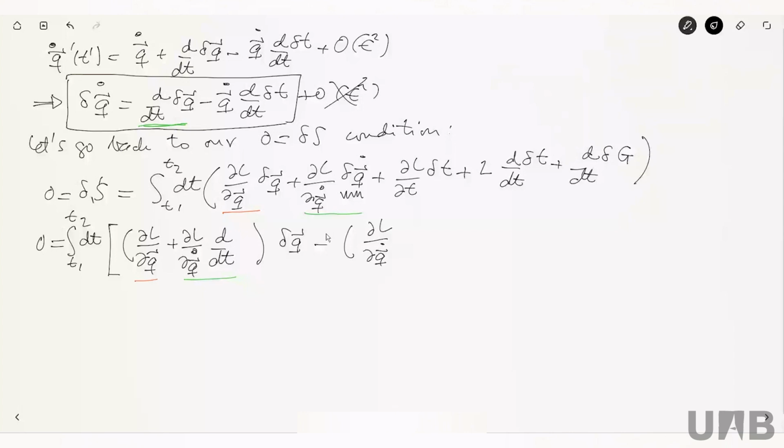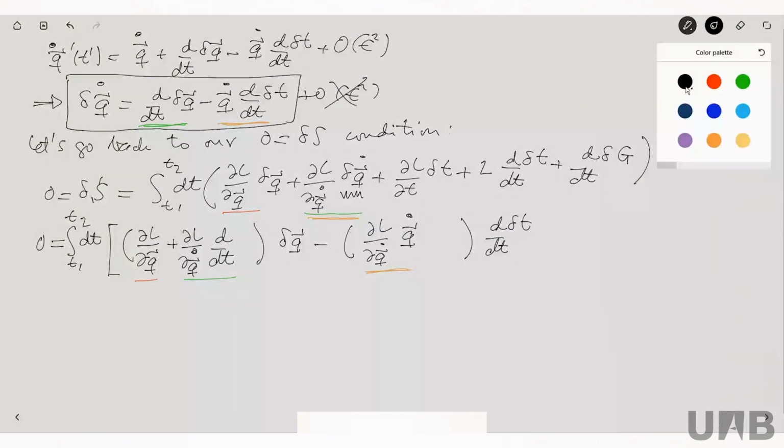But now I put the q dot in here. And this is multiplied by the derivative with respect to time of delta t. Okay, so this is this guy, and it also comes from here. Right? It's the second term. This second term is multiplied by dL/dq dot times q dot, this q dot times the derivative with respect to time of delta t. Yeah, right? So that's what it is.